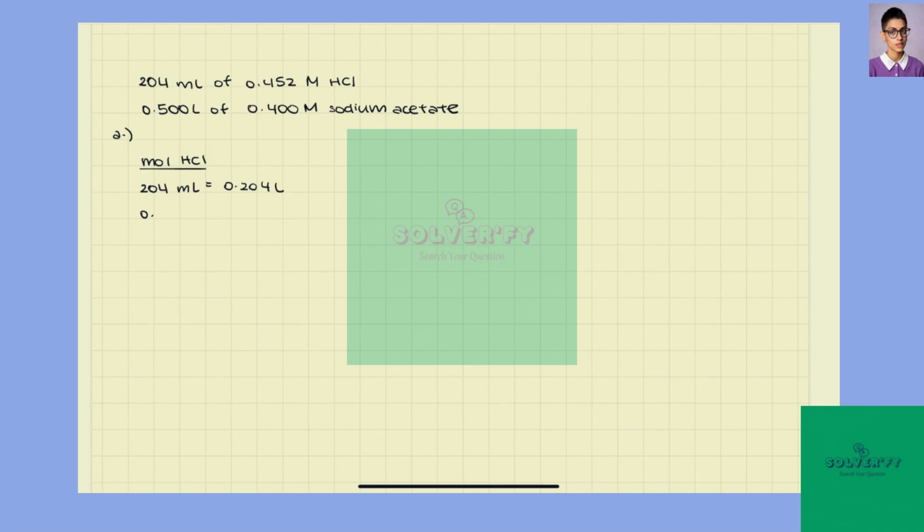A mole, we know that 1 molar is a mole over a liter. So we can just multiply the volume by its molarity. So we know that there are 0.0922 moles of HCl.